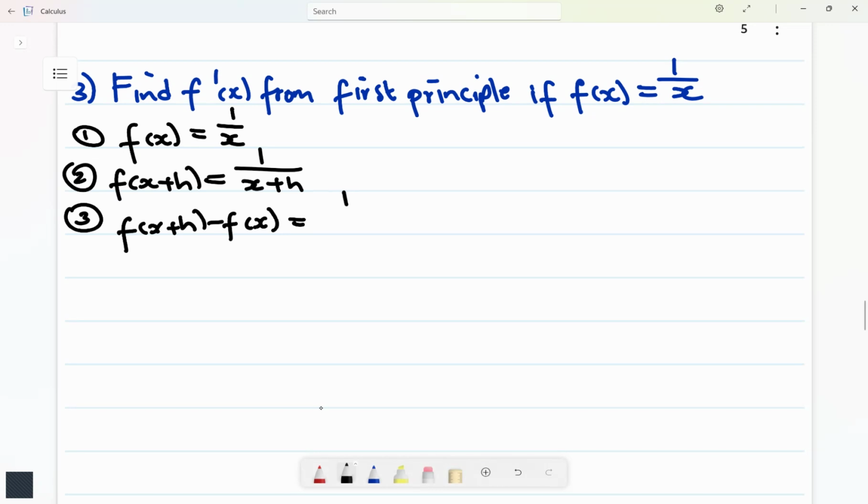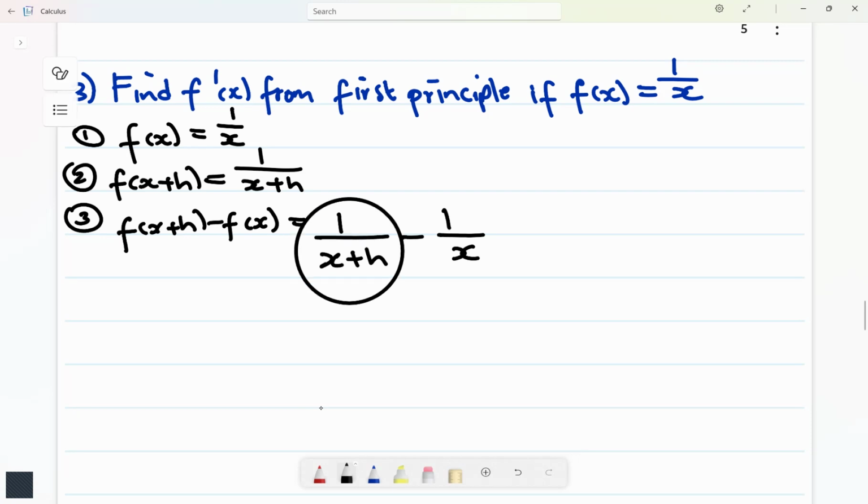It's going to be what? 1 divided by x plus h minus what? 1 divided by x. This is f of x plus h minus what? f of x. Like that, okay?